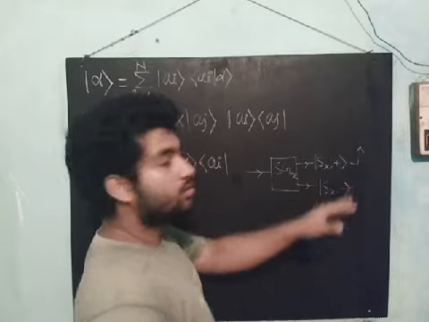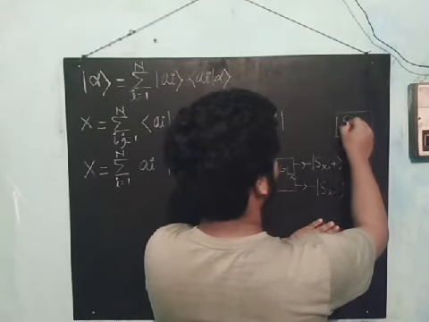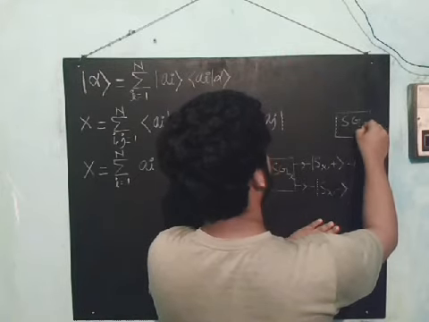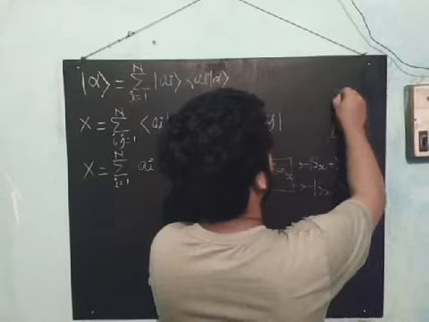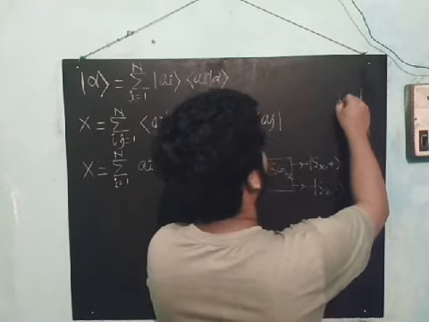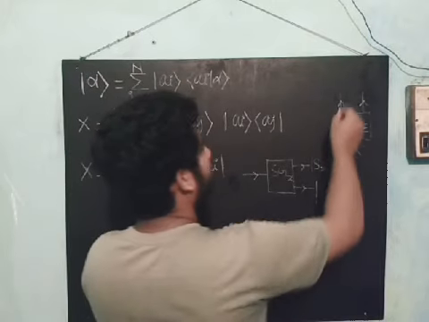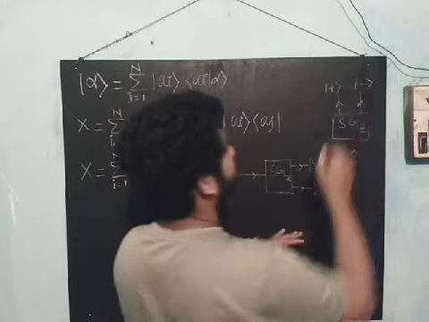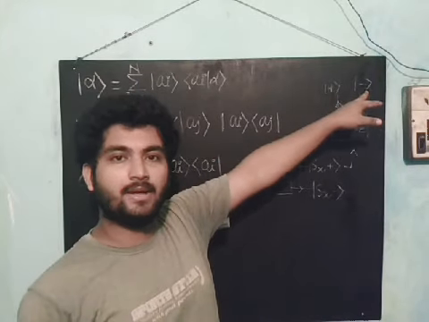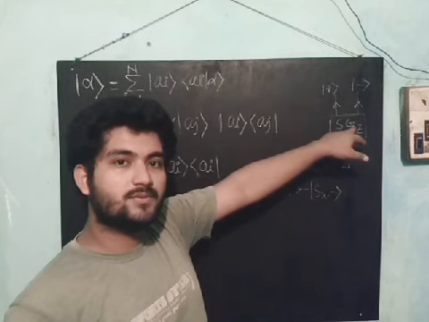Now if I let this component go through another Stern-Gerlach in z, we have seen that it will make two components which are positive and negative. Positive and negative are the z component of spin.